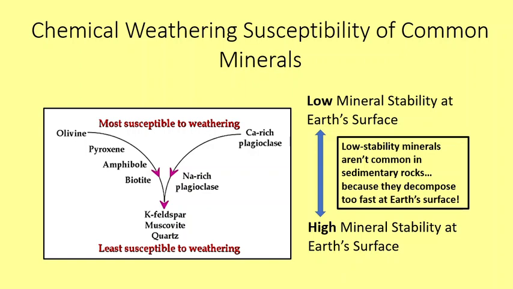They become destroyed as a result of chemical weathering, and almost by default, you end up with sort of a residue, if you will, of low temperature minerals like feldspars and muscovite and quartz, etc., that are less susceptible to chemical weathering. So that means that in the next chapter, when we look at sedimentary rocks, guess what? We're going to find that many sedimentary rocks are, not surprisingly, going to be enriched in feldspar and quartz.